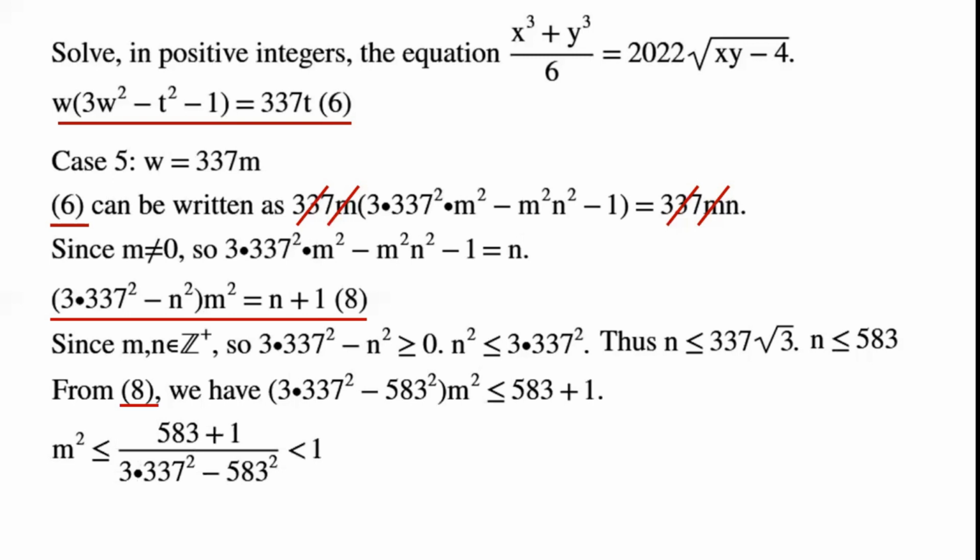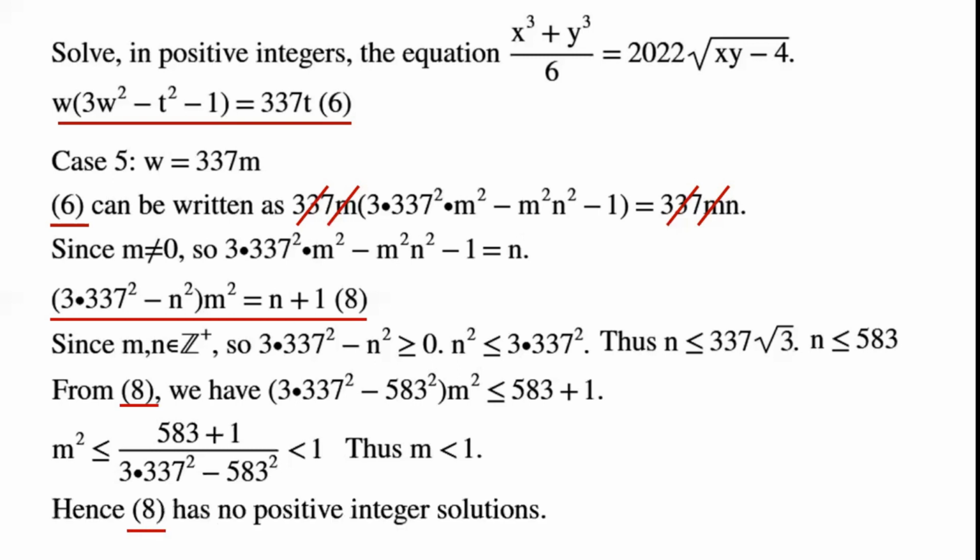So m squared is less than or equal to (583 plus 1) over (3 times 337 squared minus 583 squared), which is less than 1. Thus, m is less than 1. Hence, equation 8 has no positive integer solutions.